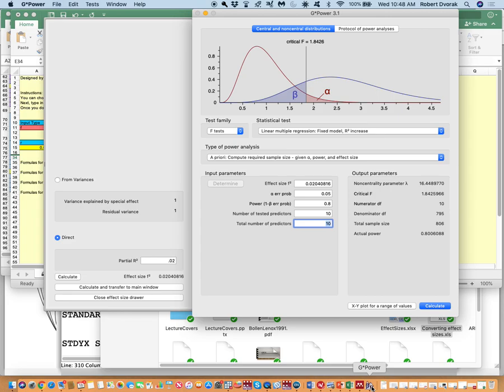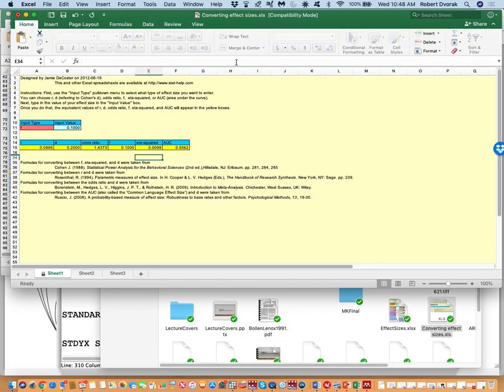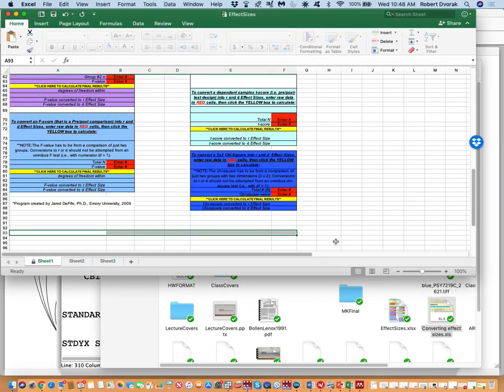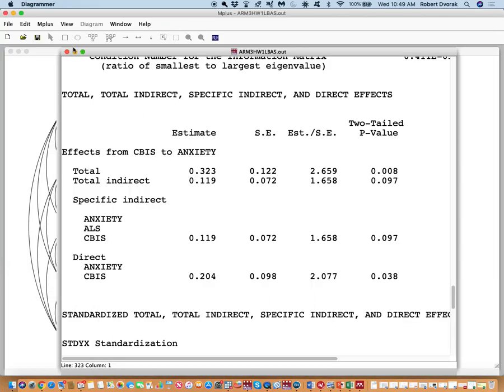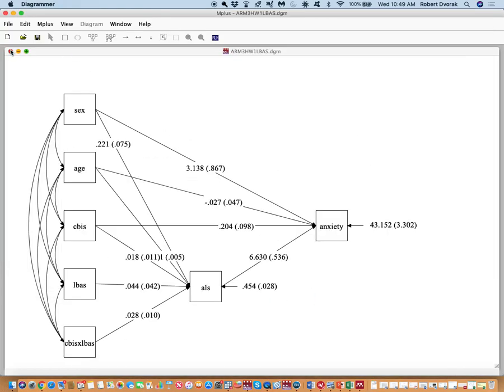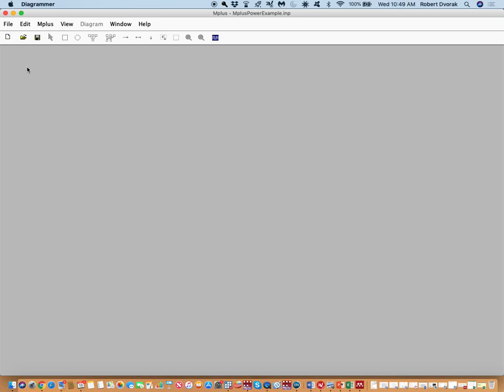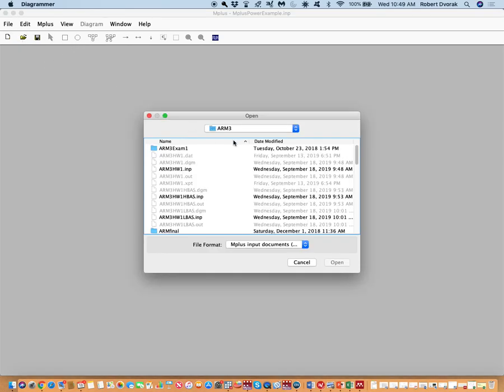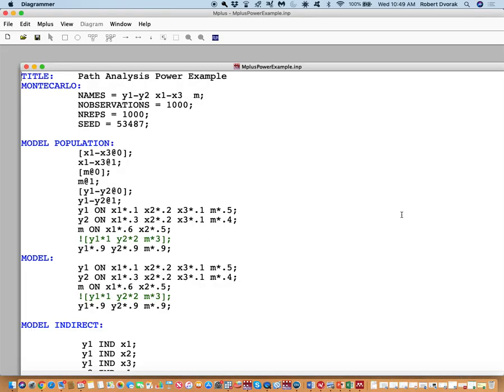There's a link to go and download G-Power if you want to. I think this is actually an older version. But let's shift gears to the more important thing here, which is if you download the example for today, you will see, where is that?